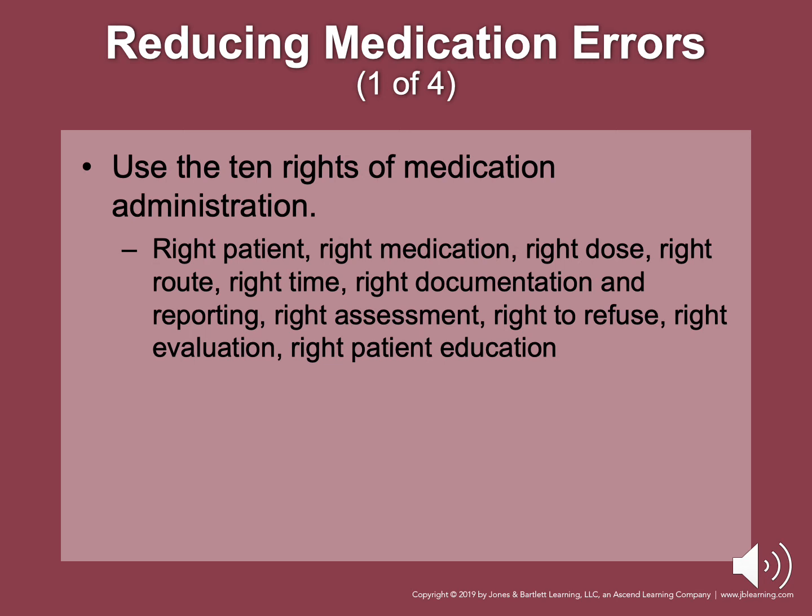And make sure that the patient understands the right to refuse that medication, the right evaluation of it, and give the patient education on that medication. That way they understand the side effects of it, or the intended therapeutic effects of it.